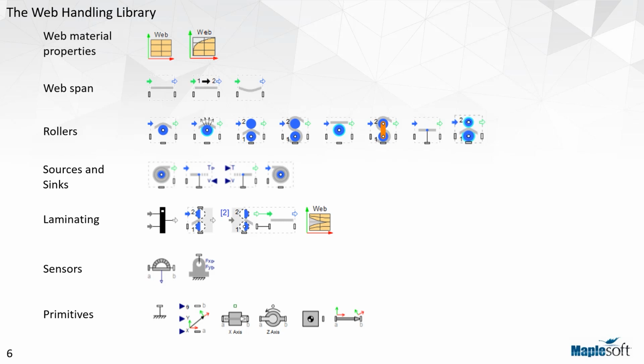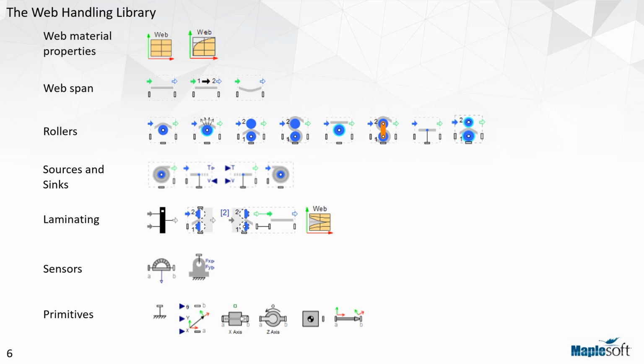We have web spans, various rollers. So we have just idler rollers that can be turned into pull rollers. We have nip rollers and wrap nip rollers, wrap roller, and so forth. As well, these rollers can include slippage, and you could analyze your model with slippage as well.